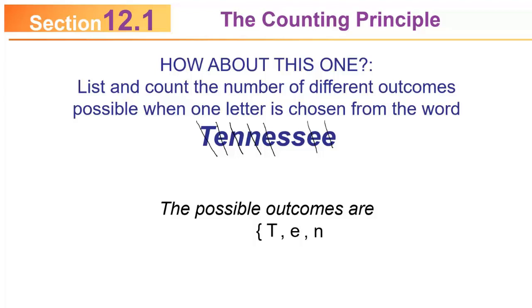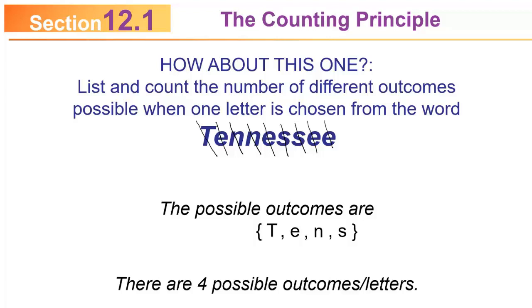There are multiple N's, multiple S's. If you mark all those out, you can see that the possible outcomes are T, E, N, and S. If you count them, there are 4 possible outcomes, each of which is a letter. So again, we've made a list and we've counted.